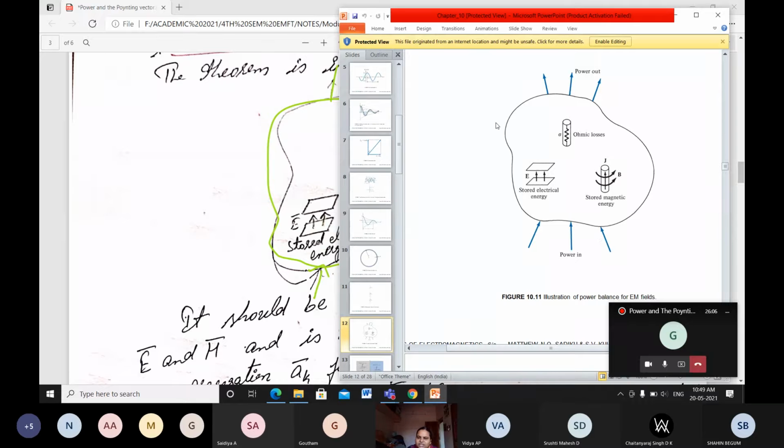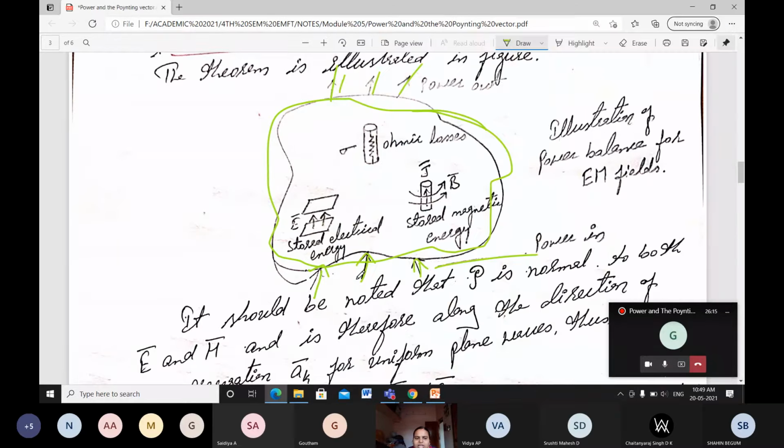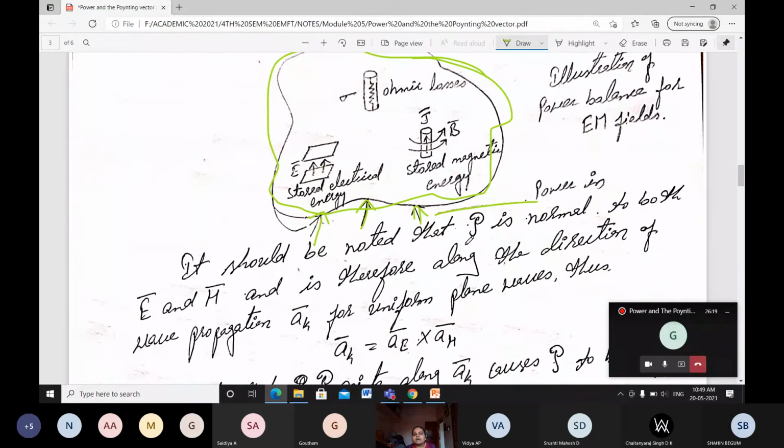This is the illustration of the power balance of the EM field, with power in and power out. It should be noted that the Poynting vector is normal to both E and H, and is therefore along the direction of wave propagation, which is taken here as the unit vector a_k. You have to take the direction in which the wave moves.